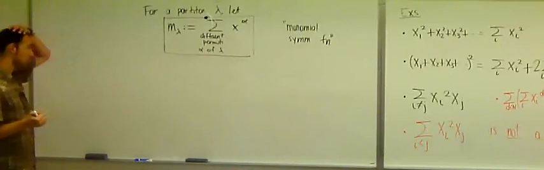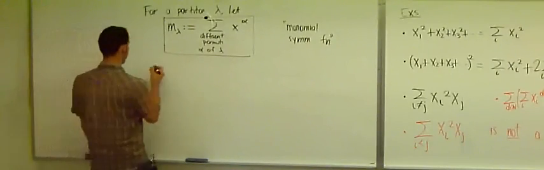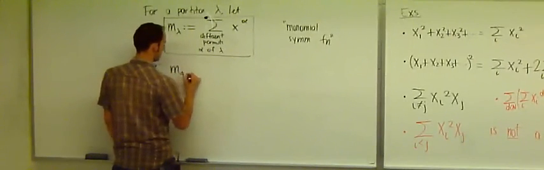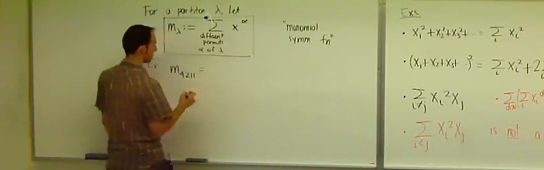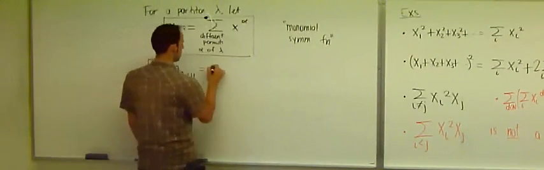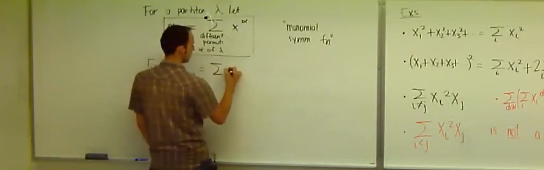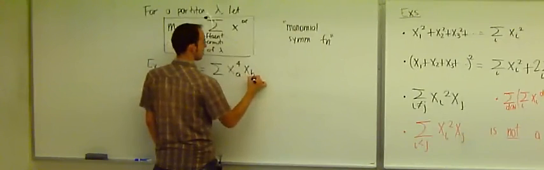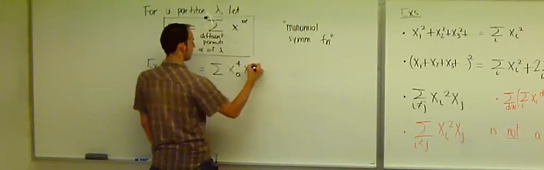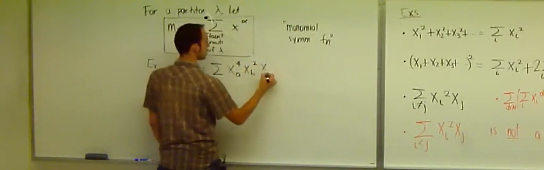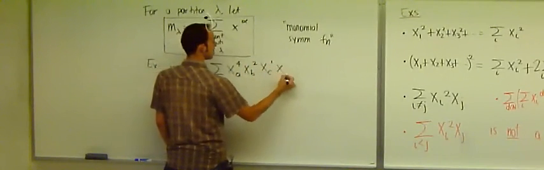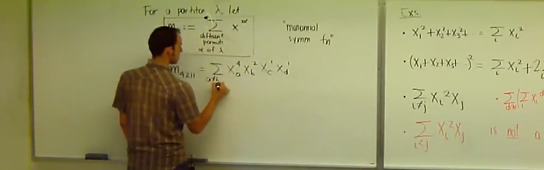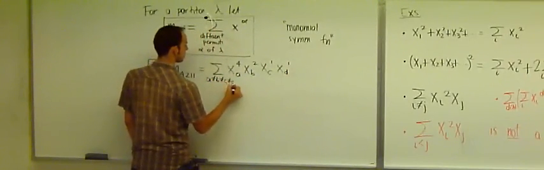Maybe first I'll write an example. So M4,2,1,1, what is this? It's the sum of xa to the 4, xb to the 2, xc to the 1, xd to the 1, where a, b, c, and d are different.